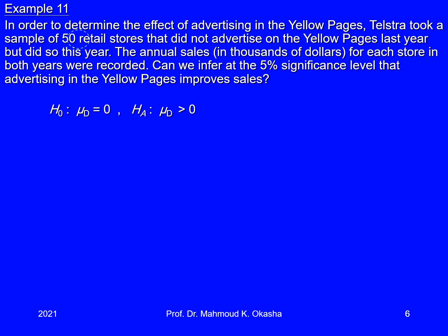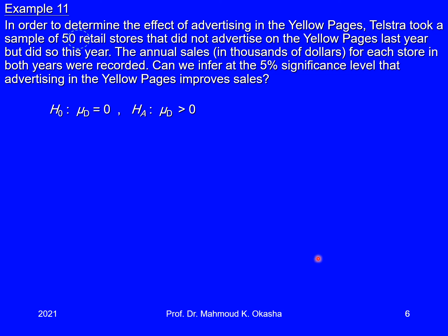But here we will not go into the details of the sampling distribution of the difference between two means, and we will use Excel. Another example here for the matched pair.